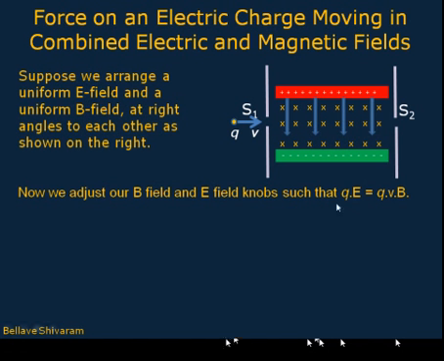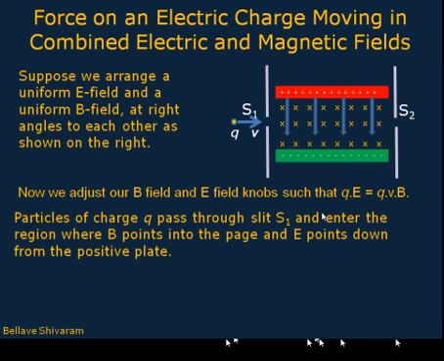So what this condition says is that we are balancing the downward electric force with the upward magnetic force. And when you do that, the particles entering the slit S1 will pass through the slit S2 as if nothing existed there. So even though the particles feel both the electric and the magnetic fields, by the time they enter S2, it's as if they felt nothing.